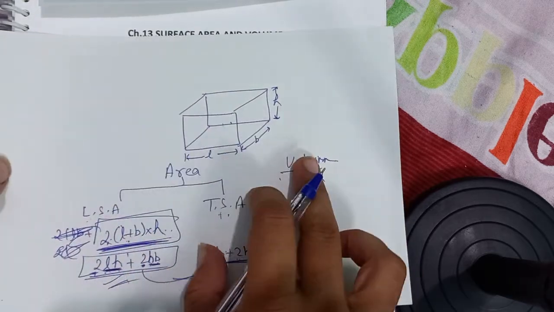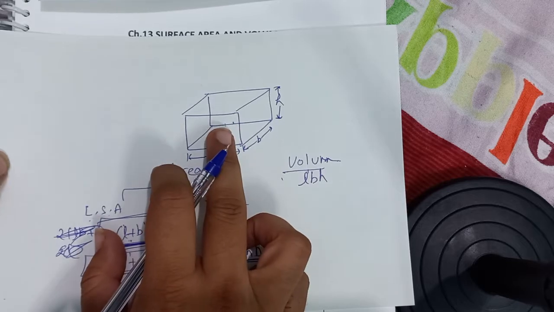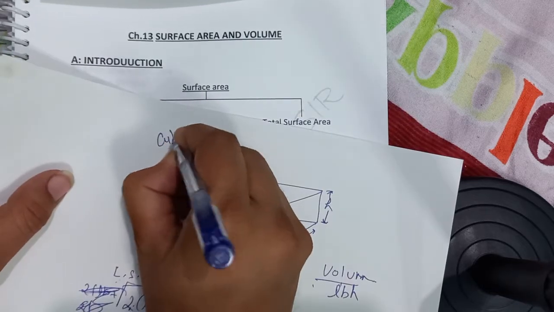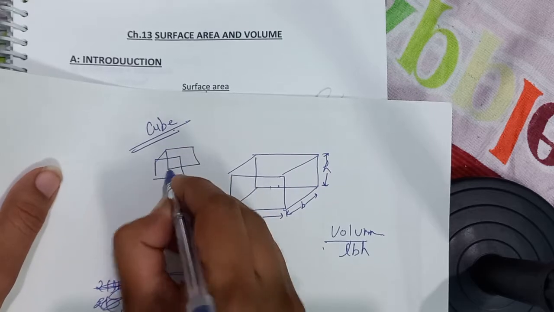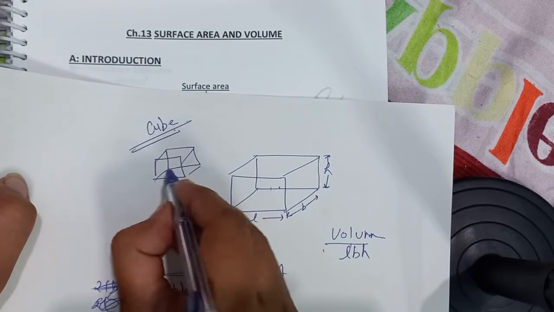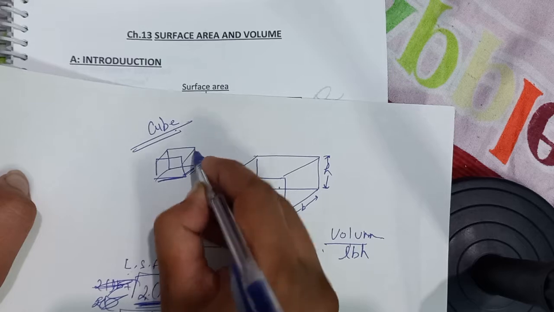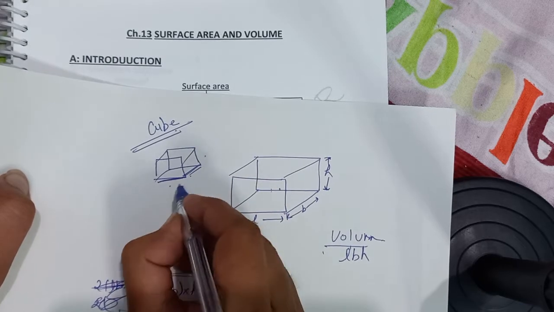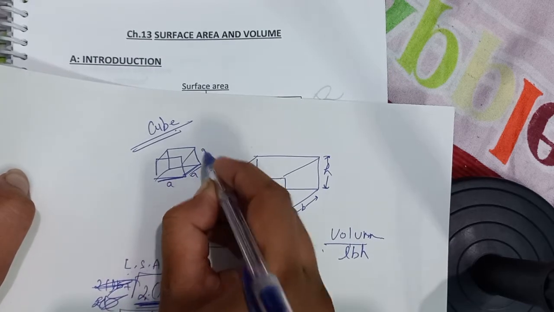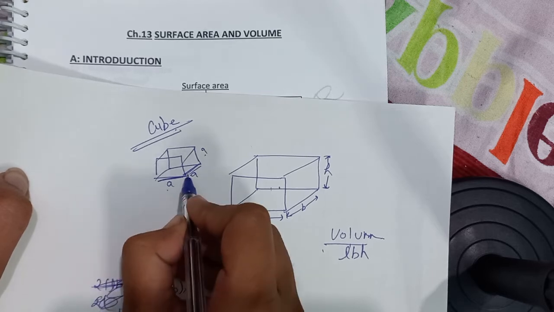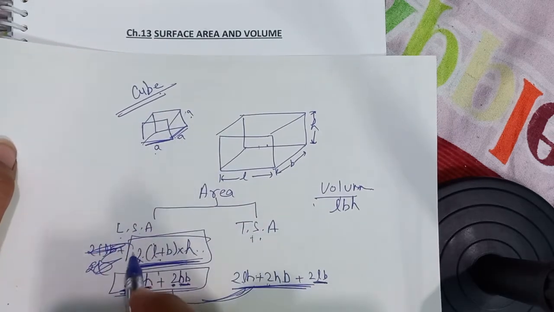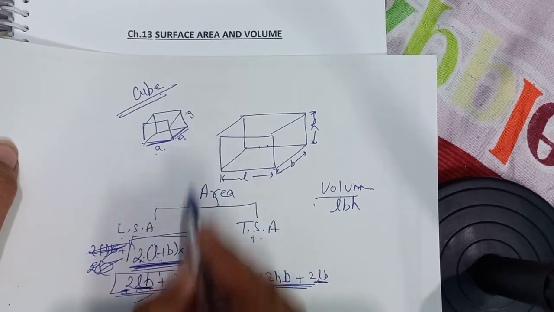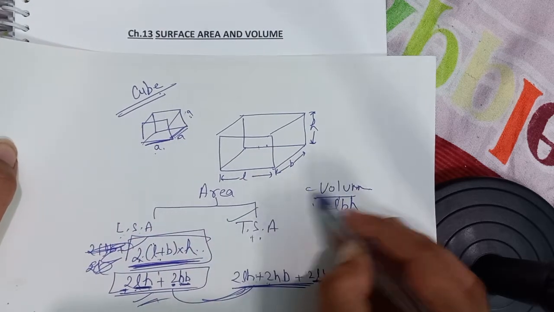This is about the cuboid. Now the cube. A cube is like the dice of your Ludo, which means all the sides are equal. So L, B, H are all equal. I am saying A: L is A, B is A, H is A. To obtain these formulae, put L equal to A, B equal to A, H equal to A in each formula.